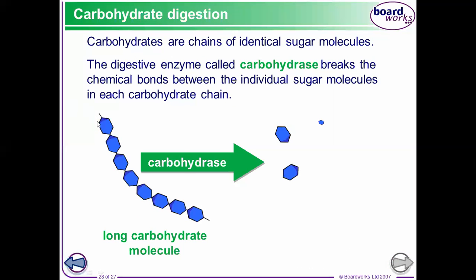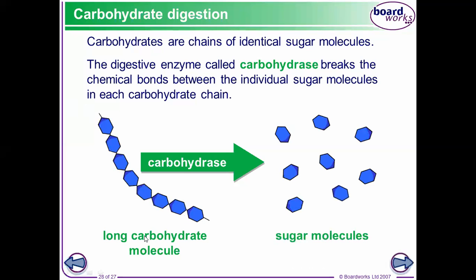Here similar units joined together, so this is a starch molecule or carbohydrate molecule. But I prefer to write starch because carbohydrate in general is divided into two types. One is simple, which is sugar, and the other is complex, which is starch. By the breaking down by carbohydrase enzyme or amylase enzyme, it will break down into simple sugar molecules.